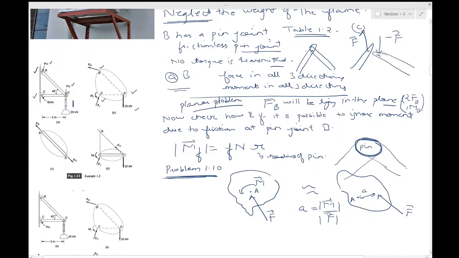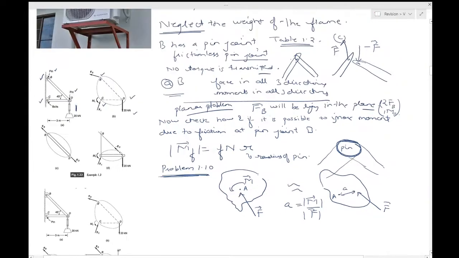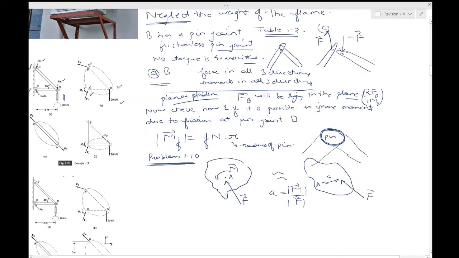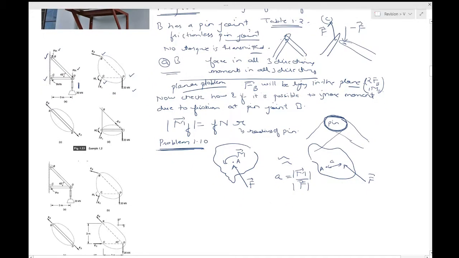Now when you apply this to your system, which is at A, at B you also have a force and a moment due to friction, and this is equivalent to a single force displaced sideways.